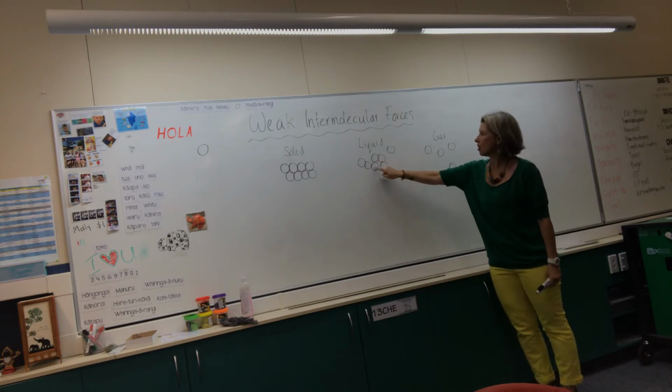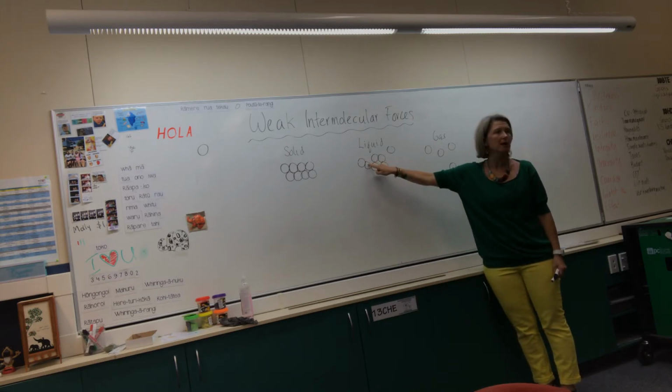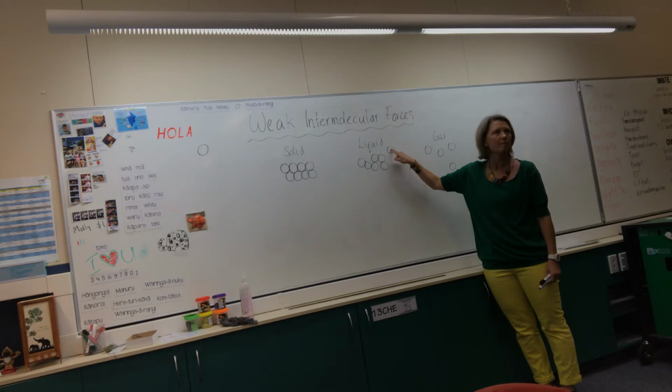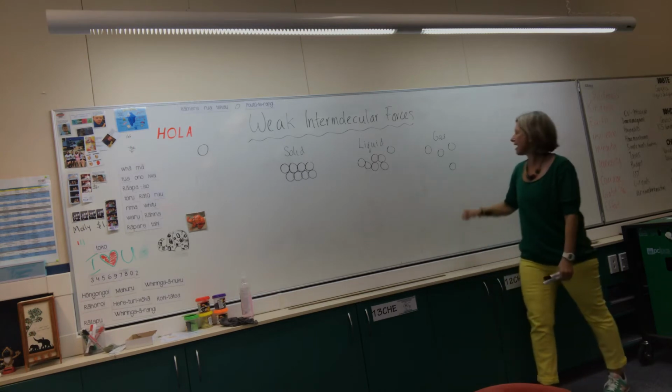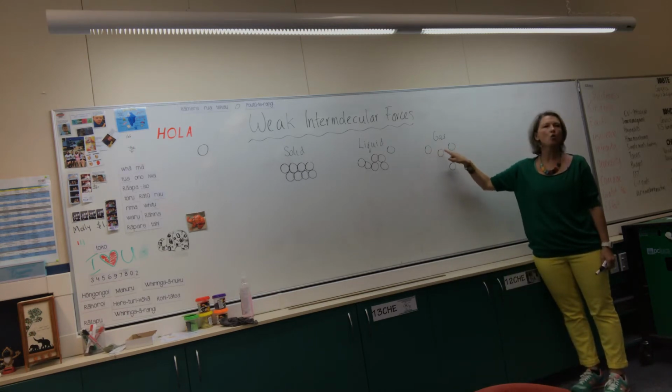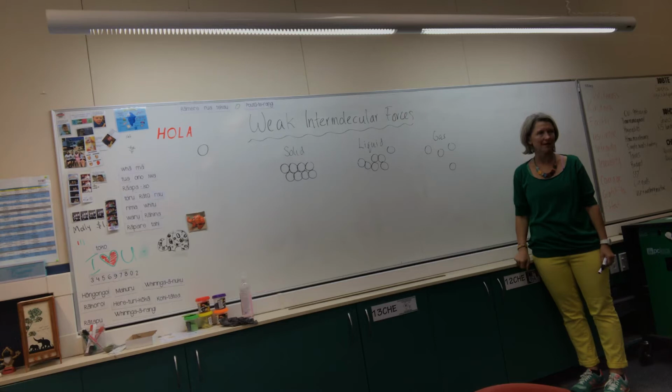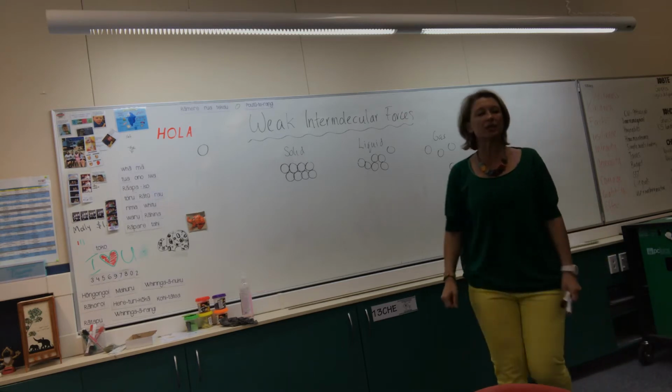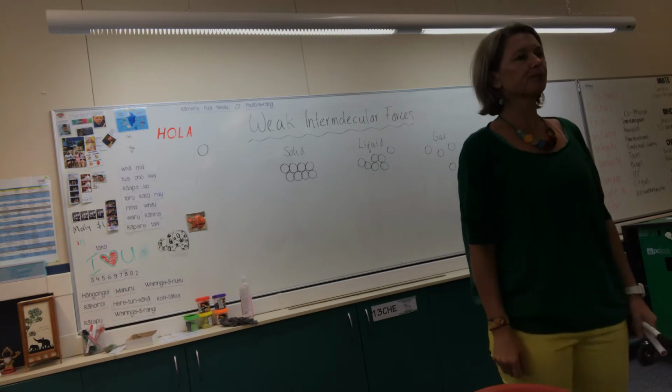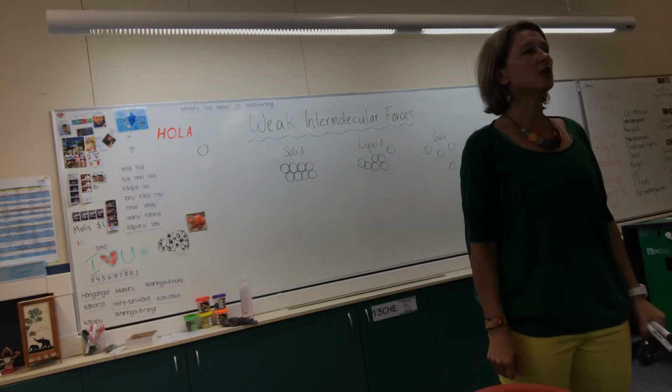Liquids still have lots of bonds between particles, but some that do not have bonds, and no regular arrangement. Very random in a liquid. And in a gas, there are no bonded particles. They are all separate.